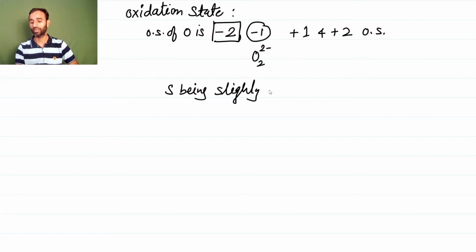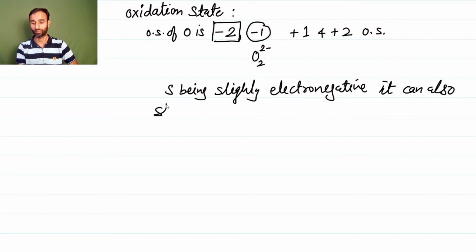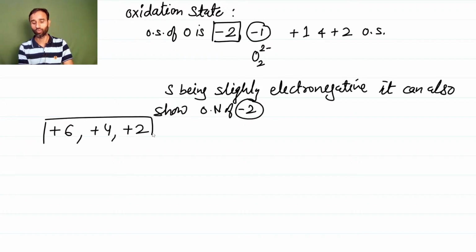So sulfur, being slightly less electronegative, can also show a positive oxidation state. The rest of them can show positive oxidation states of +6, +4 and +2.